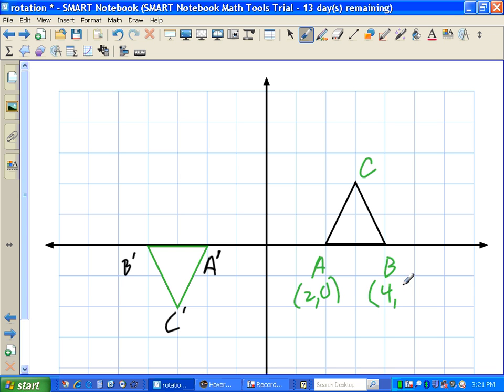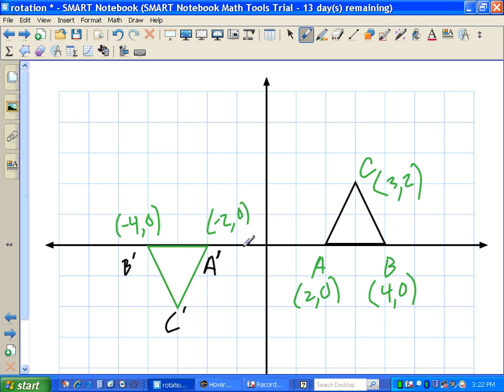This one is at 4, 0. This one is at 3, 2. Now the new points: this one, -2, 0. This one, -4, 0.